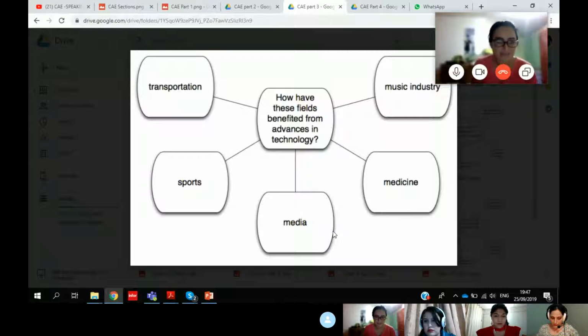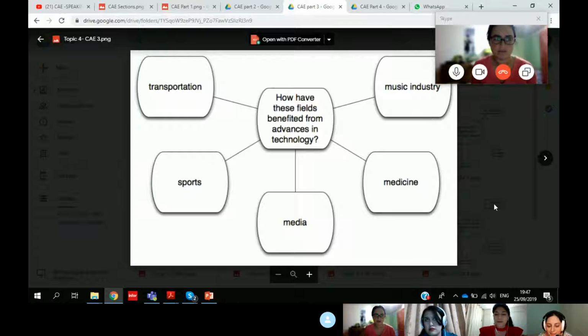Sport benefits different people because they feel better doing exercise and practicing different sports.